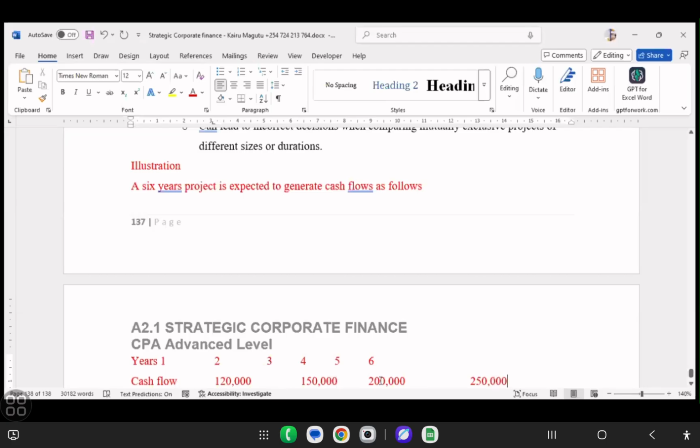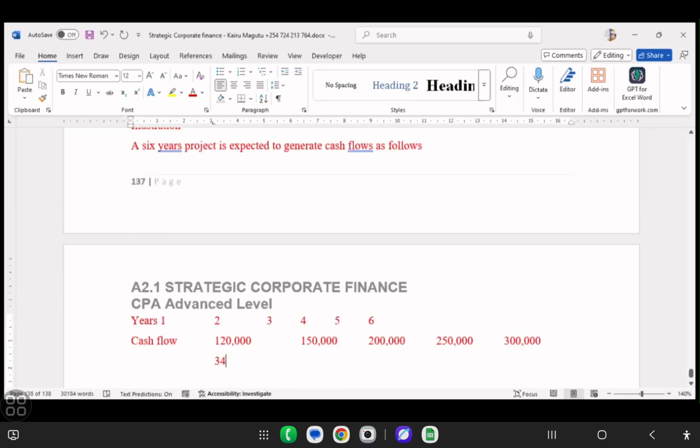This is year 1, 2, 3, 4. I can also give the next one, I give it 300. That is 1, 2, 3, 4, 5. Let me add a 6th year. I can give it 340. Or let me give it 360. Like that.